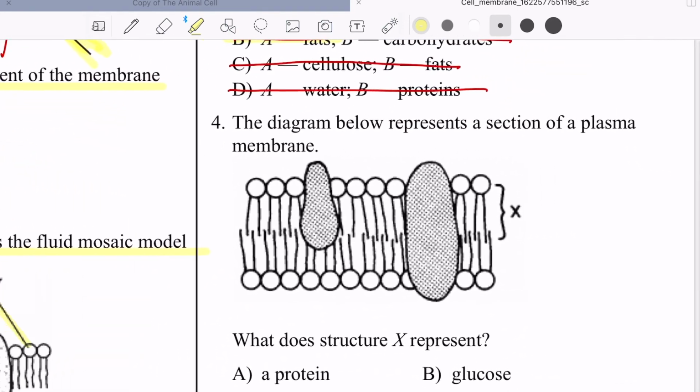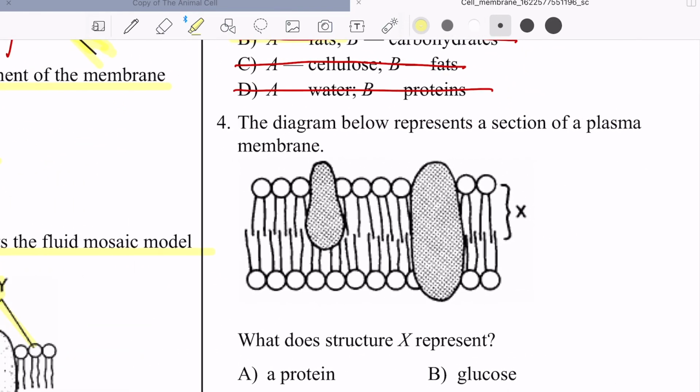Number 4, you're getting the hang of this, right? The diagram below represents a section of the plasma membrane. This is why it's always important for you to read the directions, because if you read the directions, it tells you what the picture is most of the time. What does structure X represent?